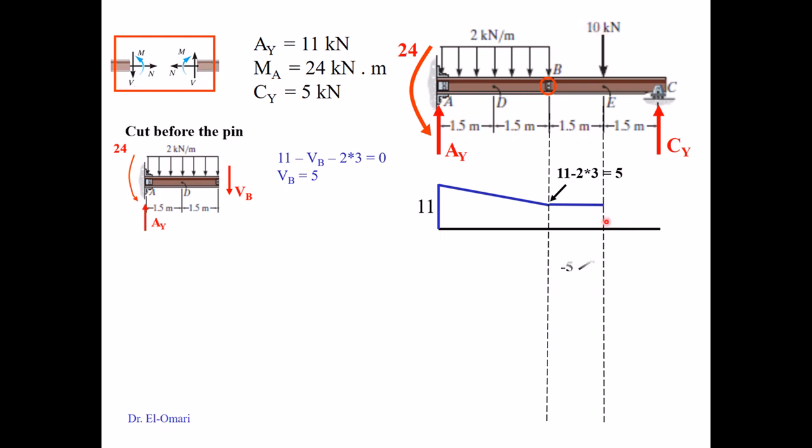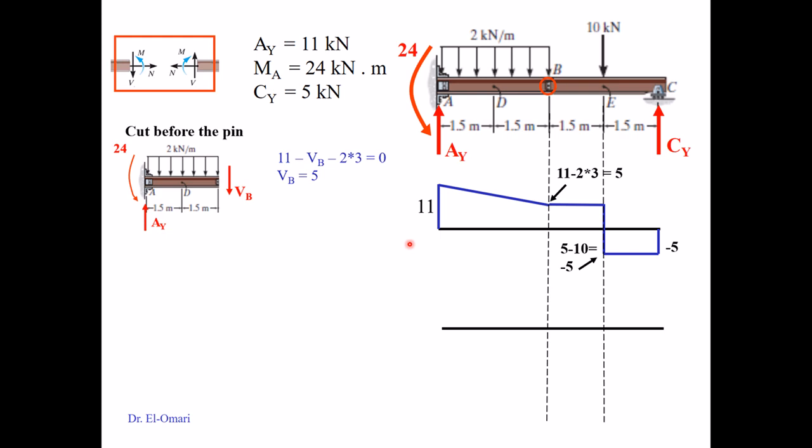Then I go from 5 positive to 10 negative, it's minus 5, and then 0 constant, and then with the magnitude of Cy it goes up. This is all. So the only calculation you needed is to find the magnitude at this point. You could have had it from this side or from that side.